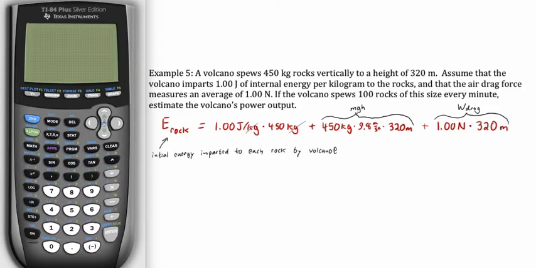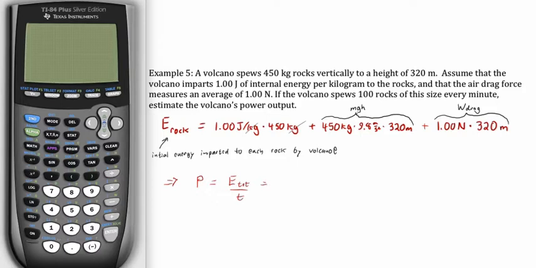Okay, so our next step to find power is going to be energy over time. Power is total energy over time, because it has units of watts, so it's energy per time, joules per second.